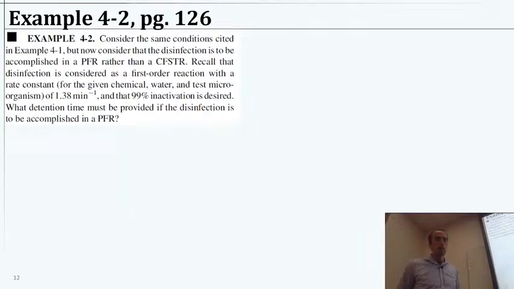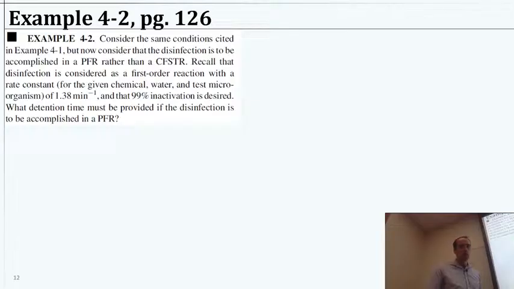Okay, let's take a look at another. With the same conditions as we just looked at, but now consider that the disinfection is to be accomplished with a plug flow reactor instead of a CSTR. Recall that disinfection is considered as a first order reaction with rate constant.